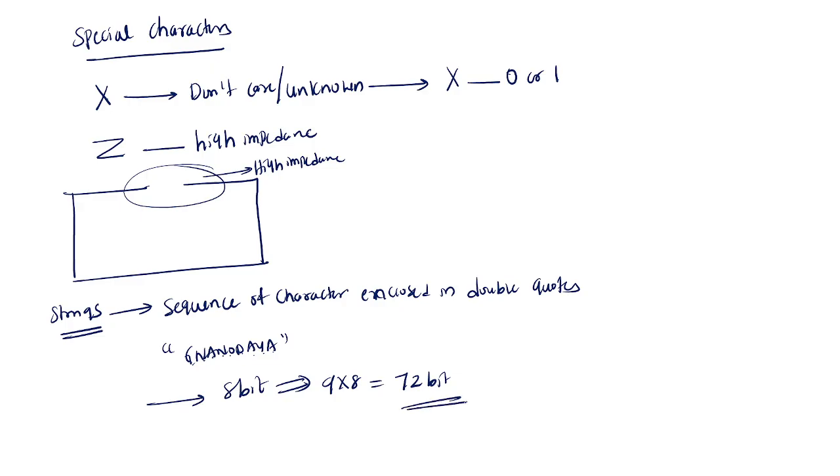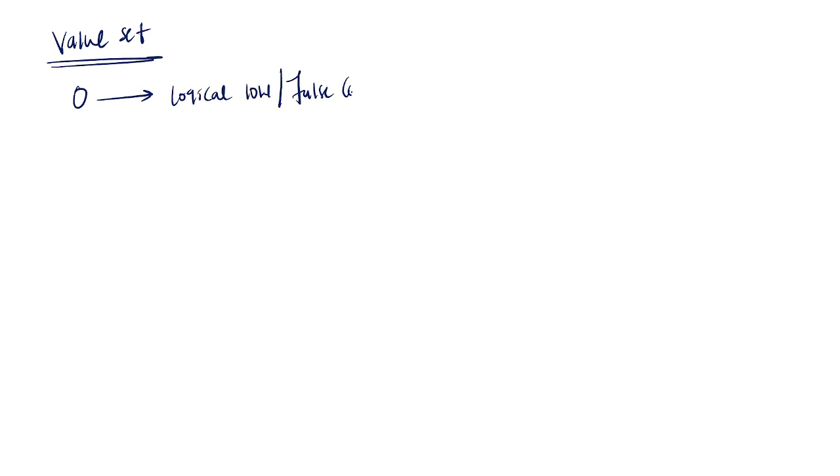Next you have the value set. Verilog supports a 4 value set. So 0 is nothing but logical low or false condition.